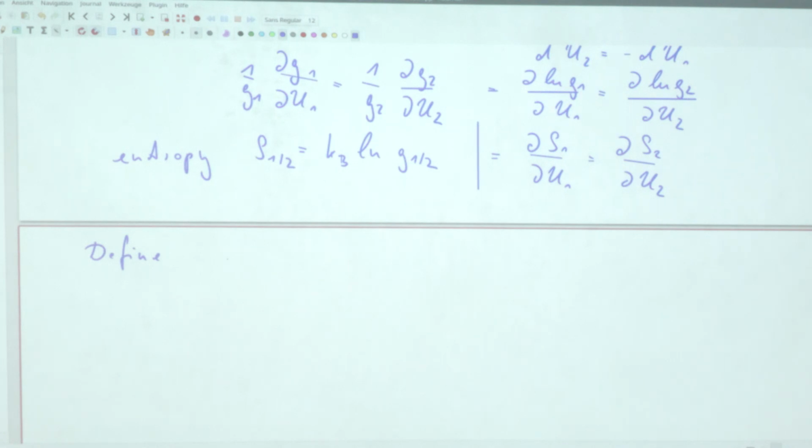So it's inverse temperature. It's a derivative of entropy with respect to energy. We can check whether this is reasonable.